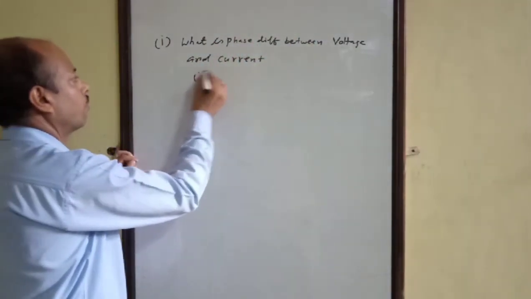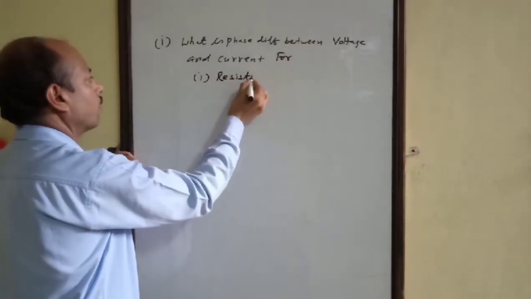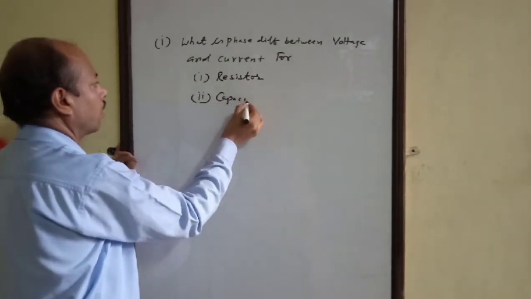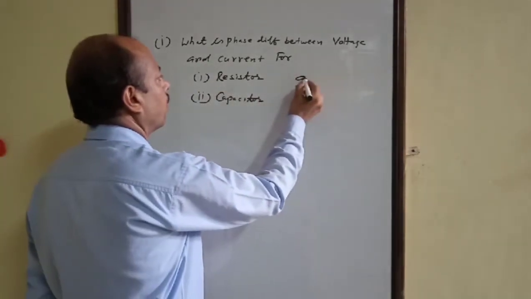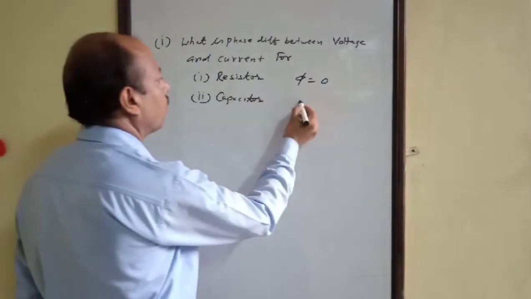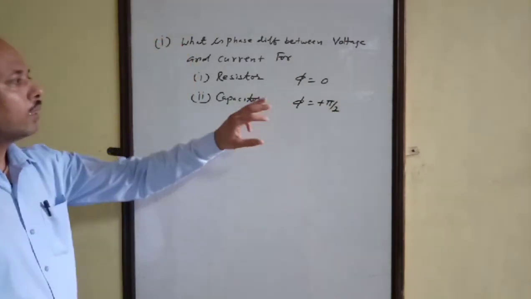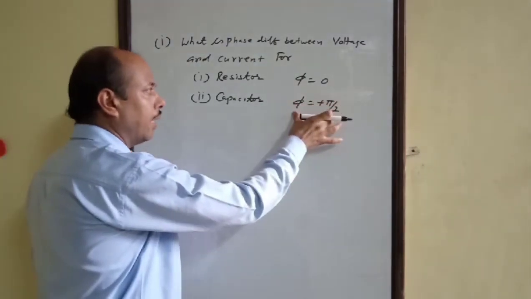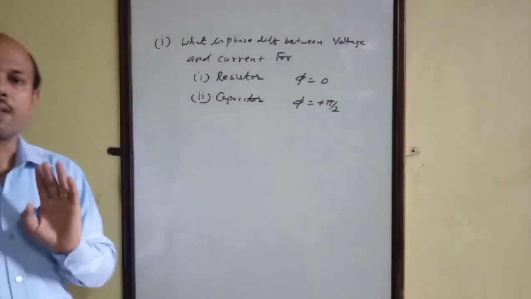Number 1 for a resistor, and number 2 for a capacitor. So here we can say in the case of a resistor, phi will be equal to 0. In the case of a capacitor, phi will be equal to plus pi by 2. It means current is ahead of EMF by pi by 2. And in the case of a resistor, both are in the same phase.